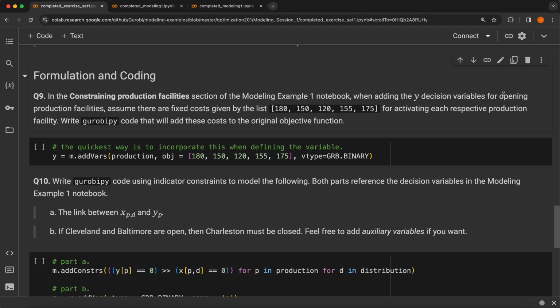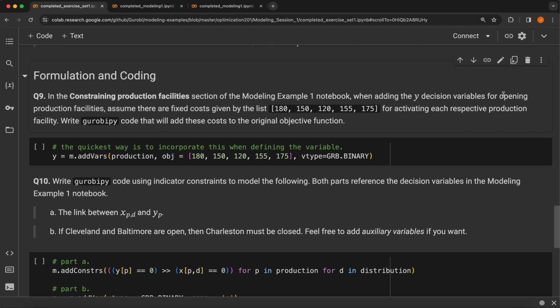So by default, if you don't specify whether you're doing a minimization or a maximization problem, Gurobi will assume that you're doing a minimization problem. The problems that we were discussing with the widgets were all minimization problems. We were minimizing costs, so we didn't need to worry about setting the sense, because it was going to be that way by default.